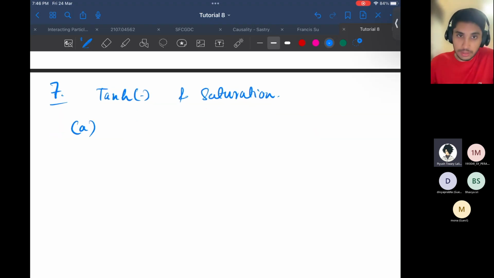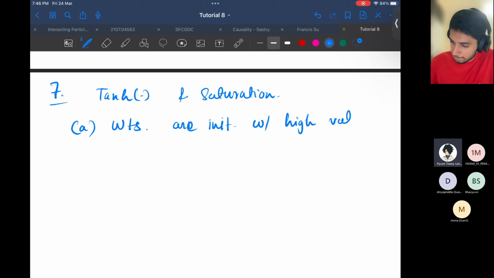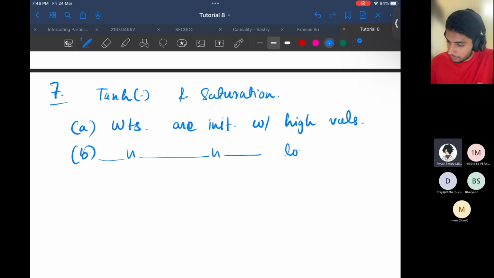So let us see the options. A: weights are initialized to very high values. B: weights are initialized with very low values.